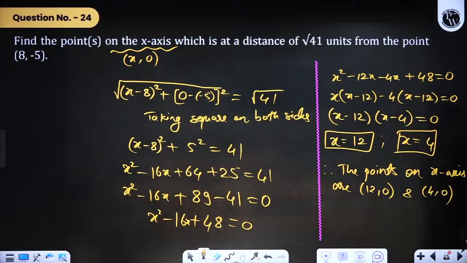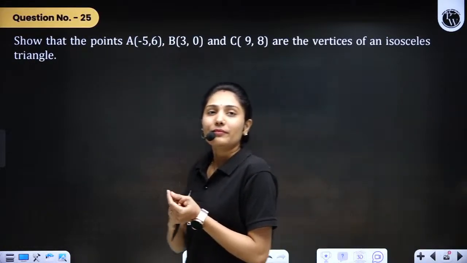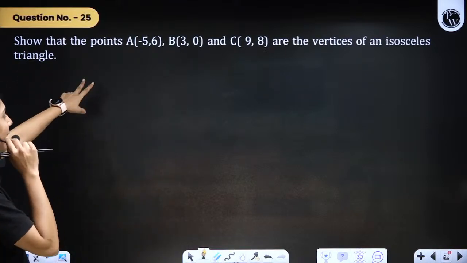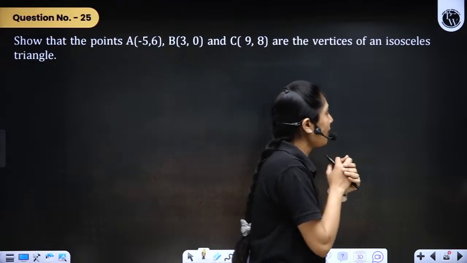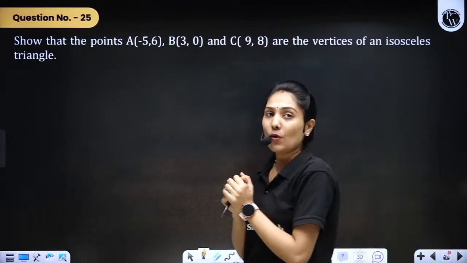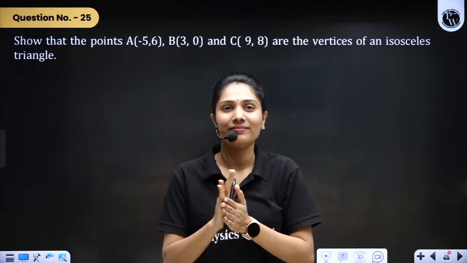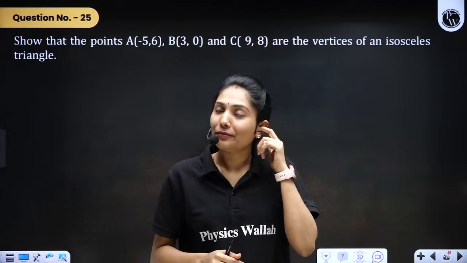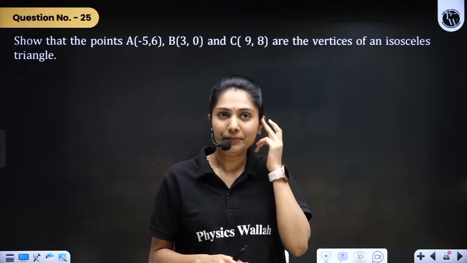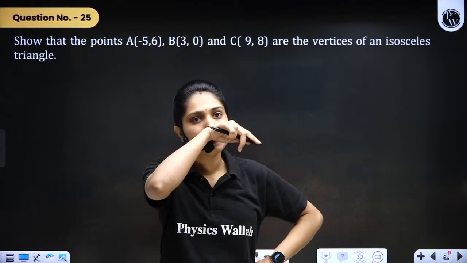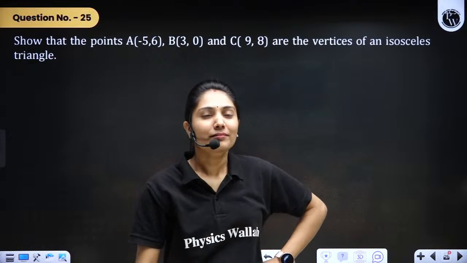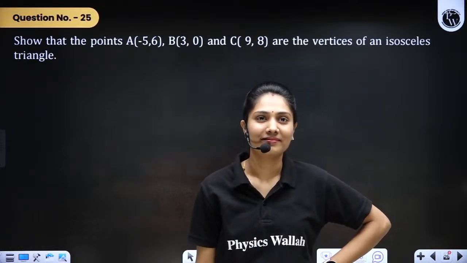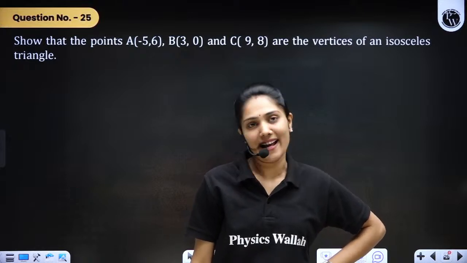Okay. Now let's move towards the next question. Show that the points A, B and C are vertices of an isosceles triangle. So how can we show it? Which particular concept should I use here? Exactly, distance formula.